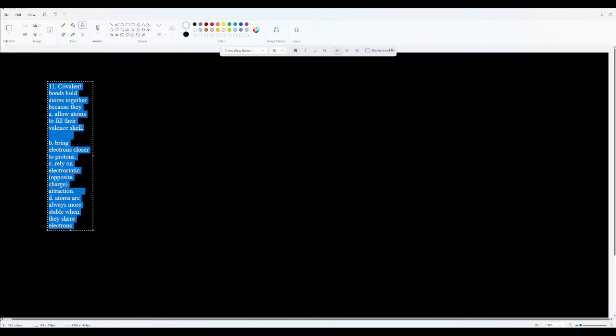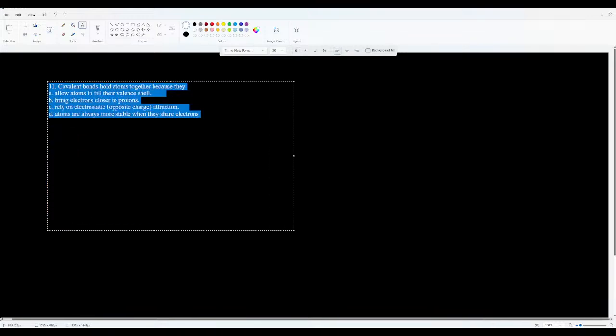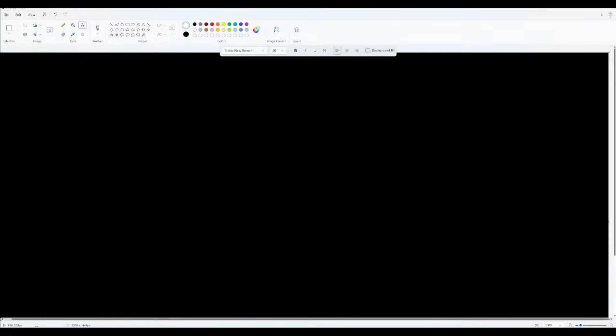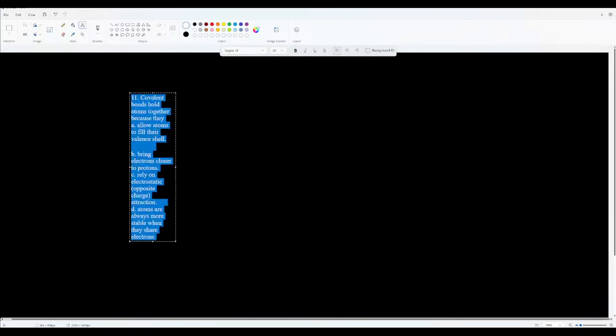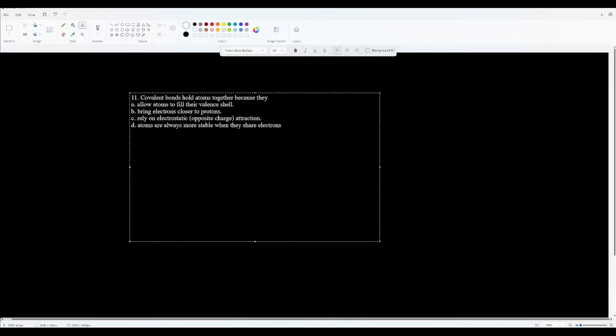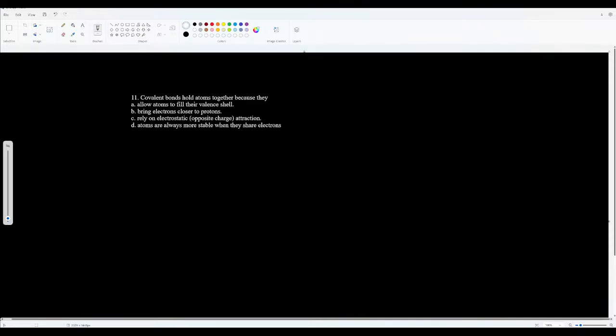Moving on, we have number 11. Number 11 is saying covalent bonds hold atoms together because they, A, allow atoms to fill the valence shell, so we could just ignore that one, right?